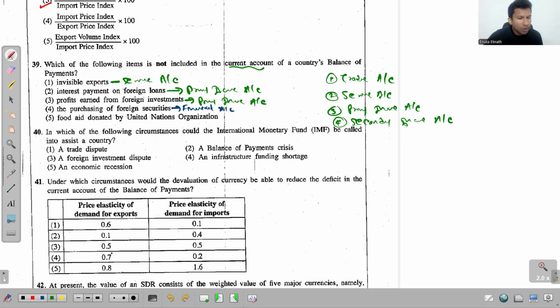Fifth one, food aid donated by United Nations organization. So these aids donated by the UN, we record them in the secondary income account, right? So the first one, the second one, the third one, and the fifth one are recorded in one of the sub-accounts in the current account, except this fourth one. So that is the answer for this question 39.